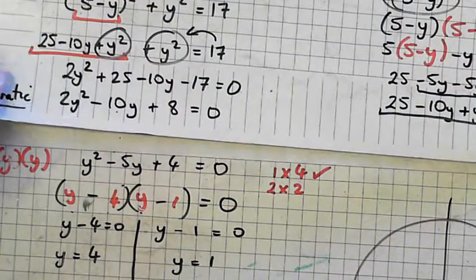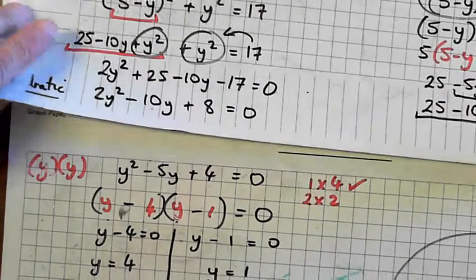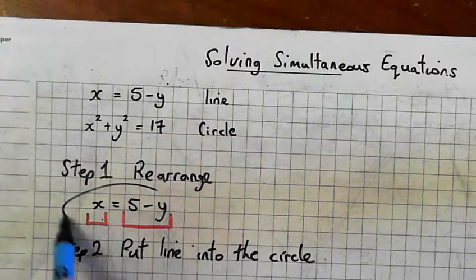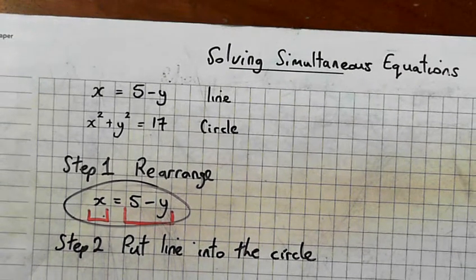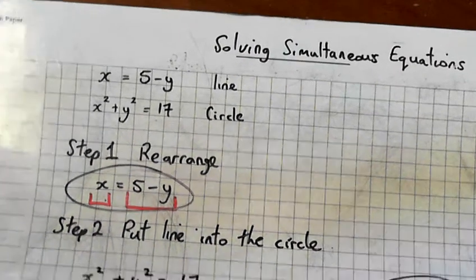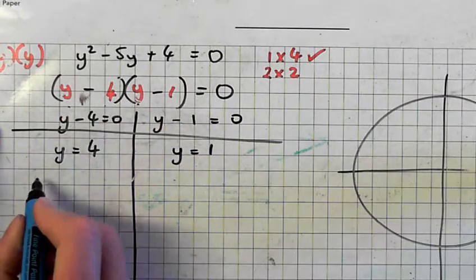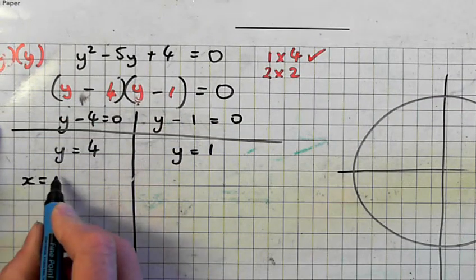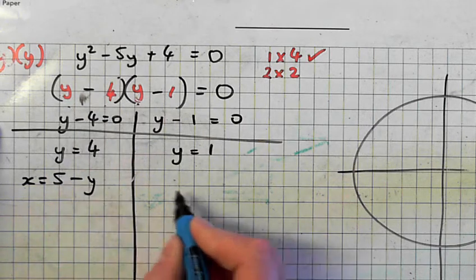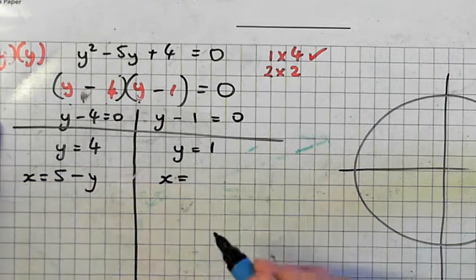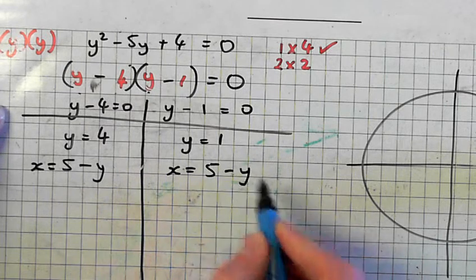Right, so the way you do that is you go back to your line equation, the one that you rearranged. X is equal to 5 minus y. And you write it down. X is equal to 5 minus y. Write it twice. So this is step 3.